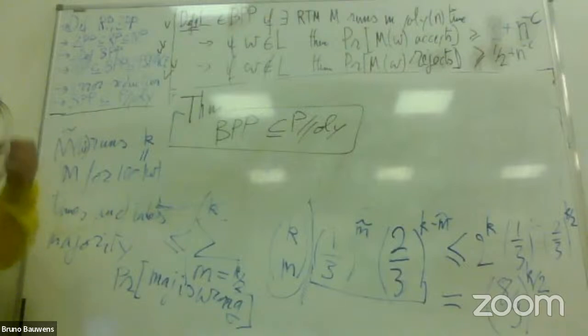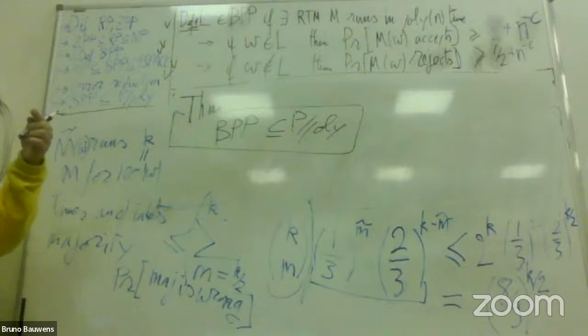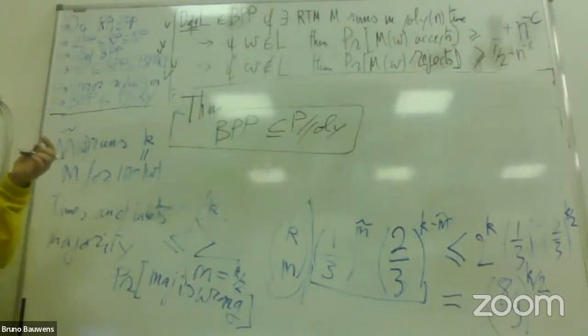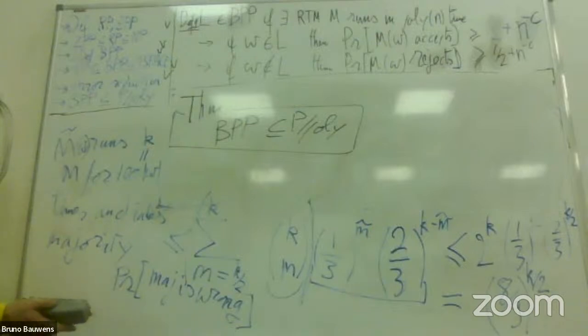So whenever we have some computation, we can build a circuit that simulates this computation, and the size of the circuit is proportional to the square of the computation time. The constant depends on the machine, but once we fix the machine, it's basically the square.